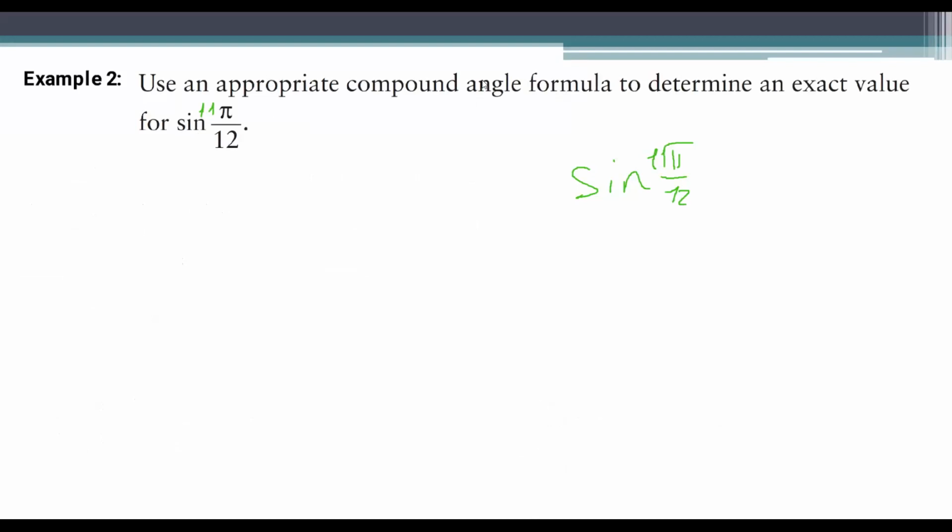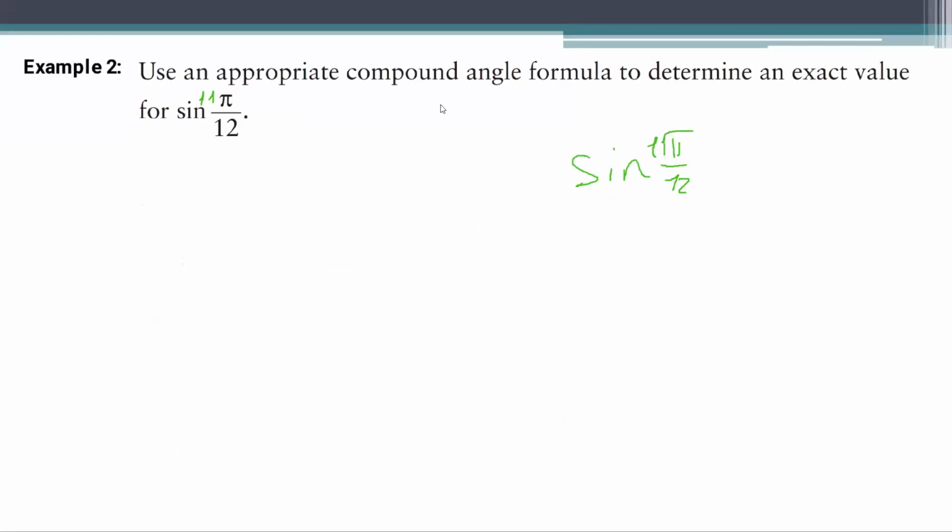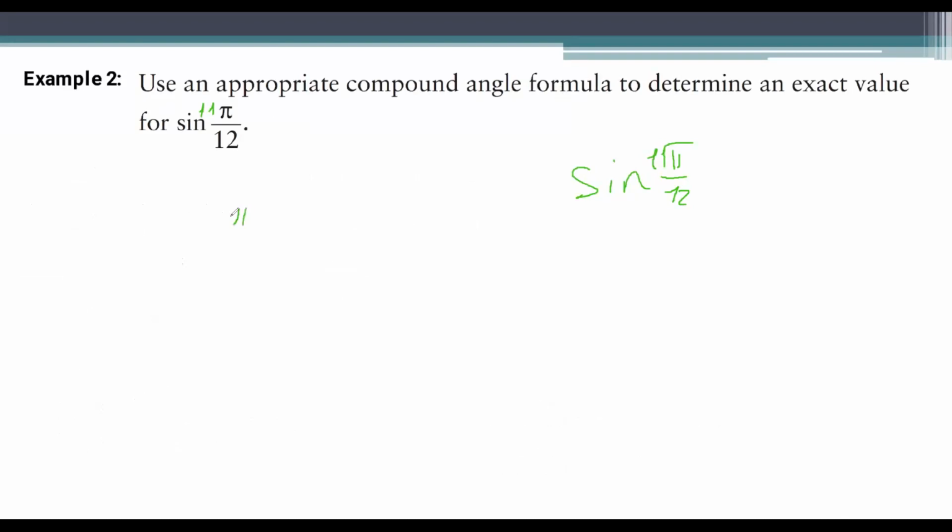Any ideas what two angles can we use for 11 pi over 12? I would suggest using such angles as pi over 4 and pi over 3, because both 4 and 3 are factors of 12, right?